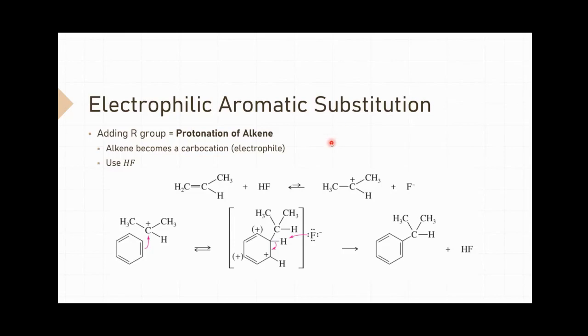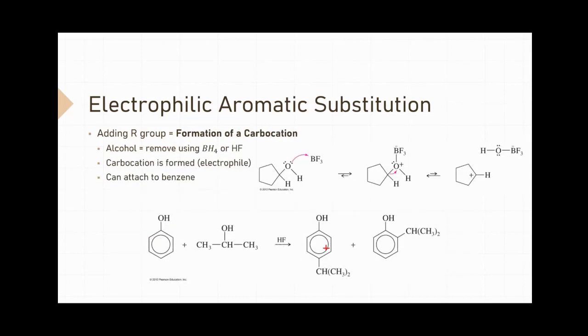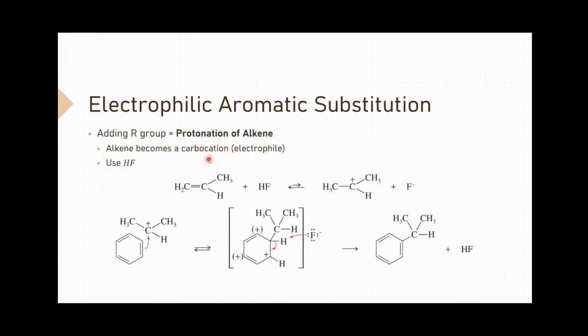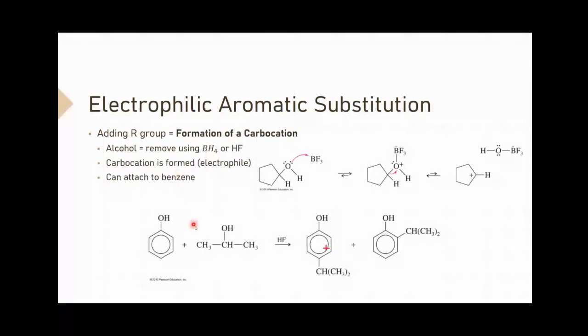What you can also do is have an alkene, protonate it to where you get a carbocation, and add it to the ring. You can use HF for that. You can also use BF3, kind of the same thing as the one previously, but instead of an alkene, it's an alcohol.